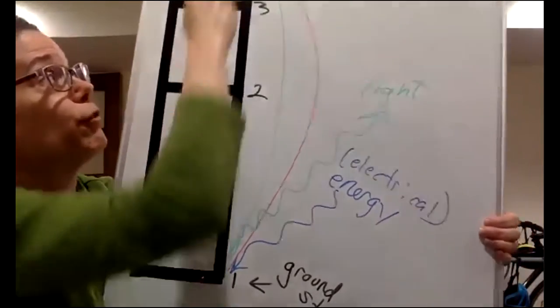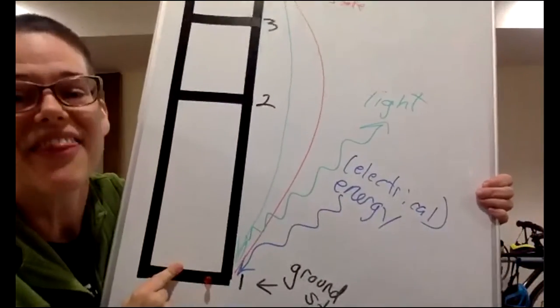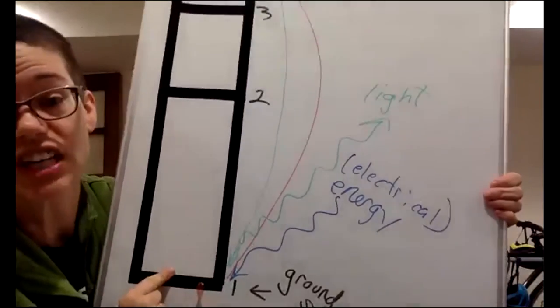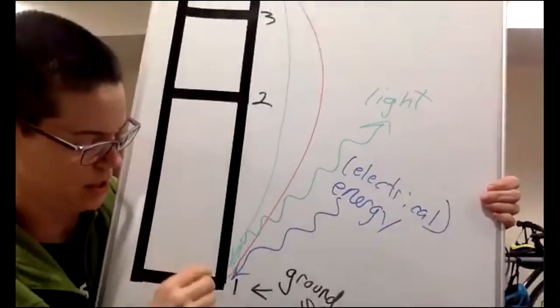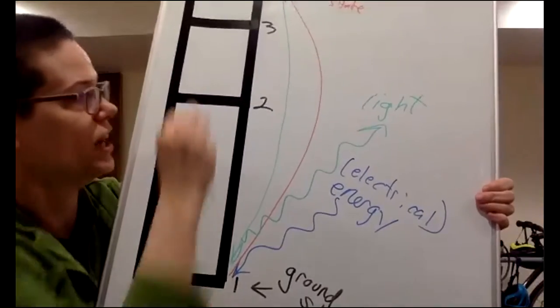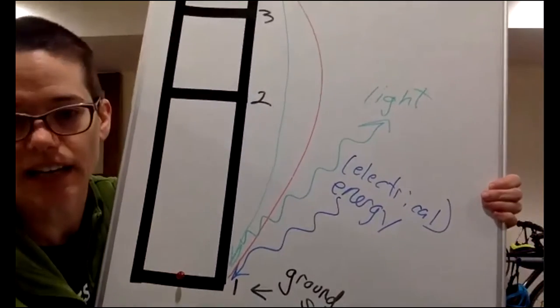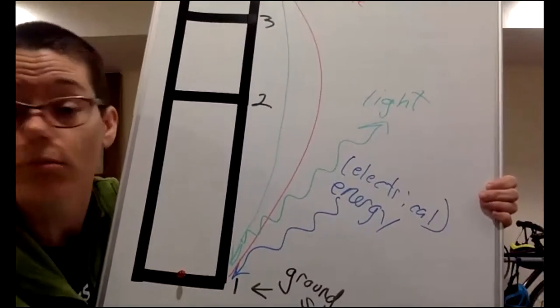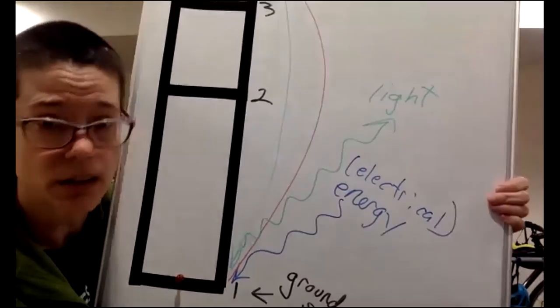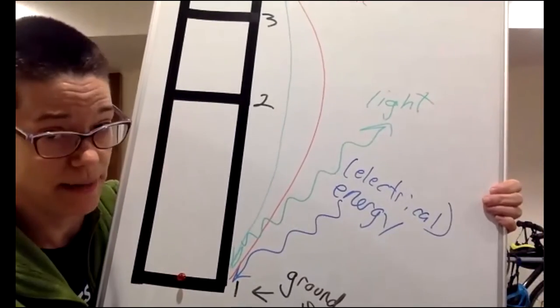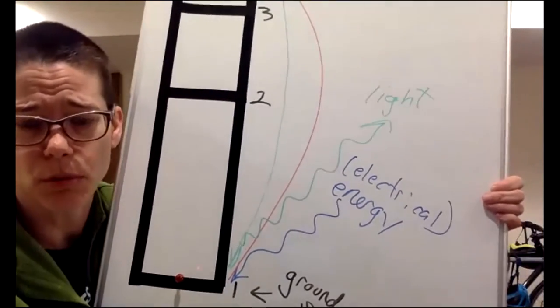If you went from 4 all the way down to 1, that would be a higher energy color than if you went 2 to 1, right? If this electron moved up to 2 and then fell back down, that's a different color of light. It's closer to red because red is our lowest color, but that's how this ends up working. Does that make sense to people?